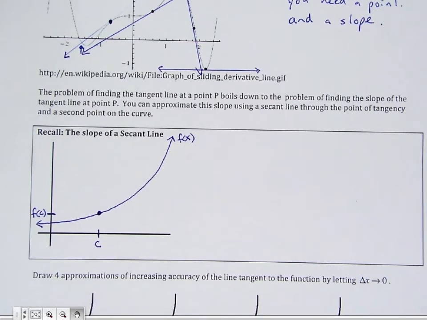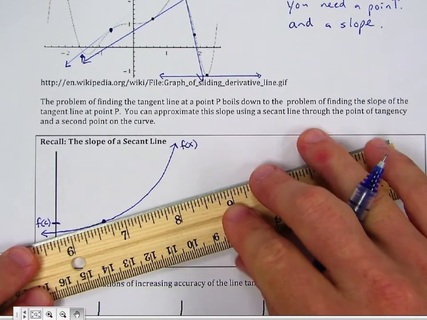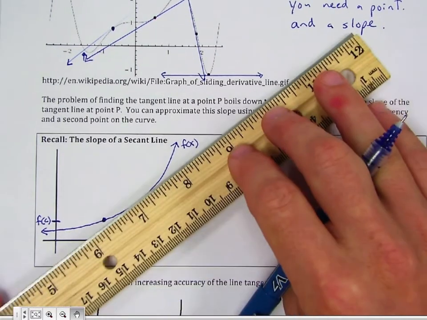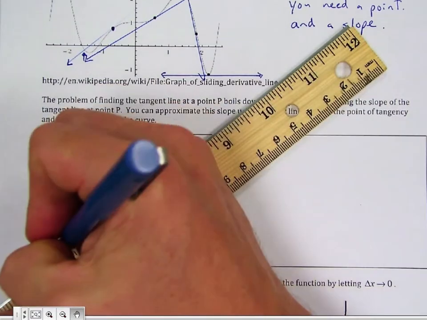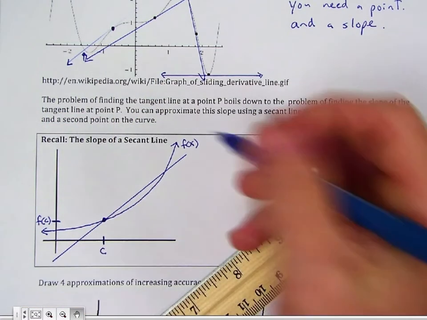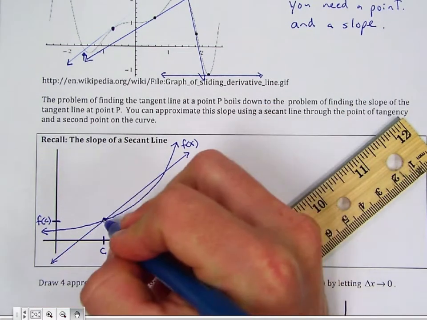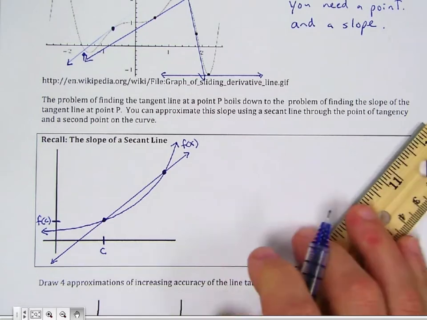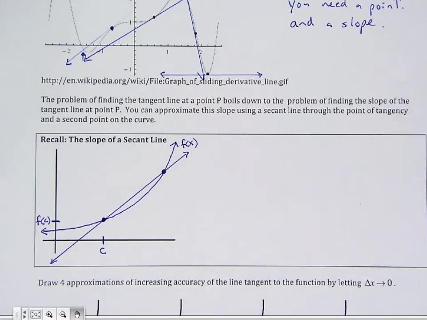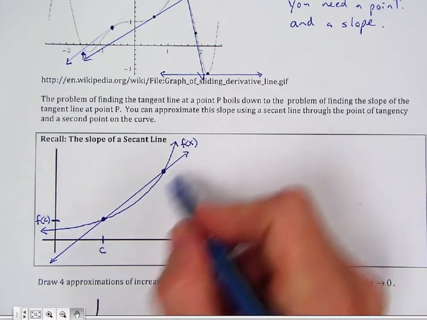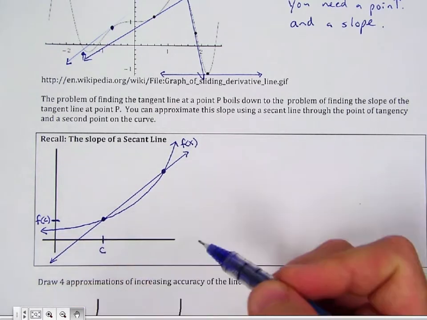So if we want to be able to find this tangent line, okay, which looks to be about right there, what we're actually going to do is draw a secant line, something like that. So a secant line actually crosses at 2 points on the graph. And this is going to be an approximation for that tangent line.